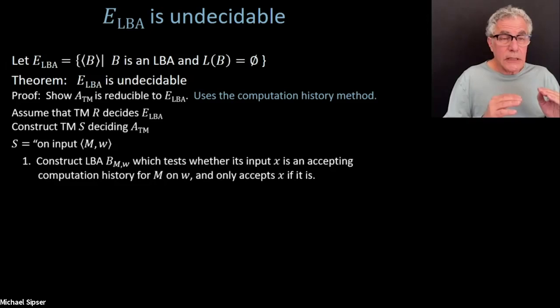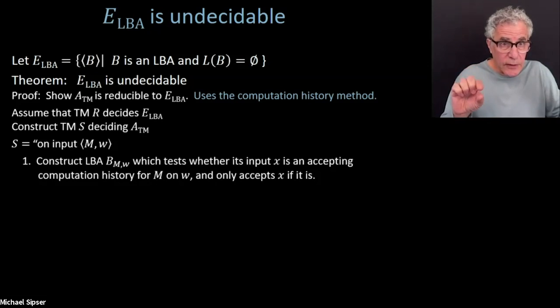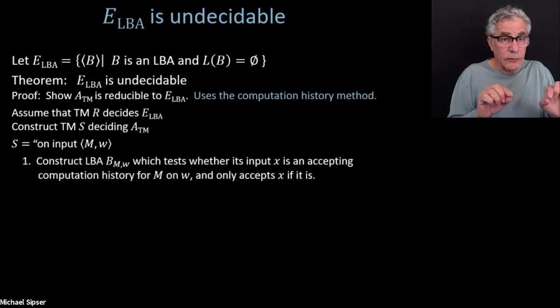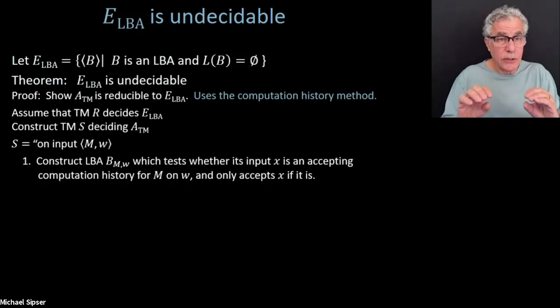If you feed it something which is not a computation history, that sequence of configurations for M on W leading to an accept, if you feed it something else, the LBA is just going to reject it. It only accepts the accepting computation history for M on W.